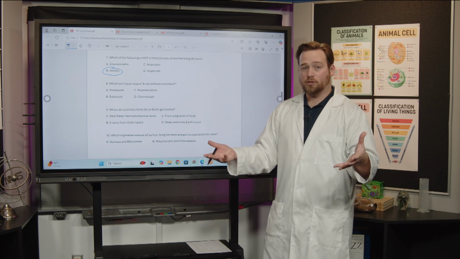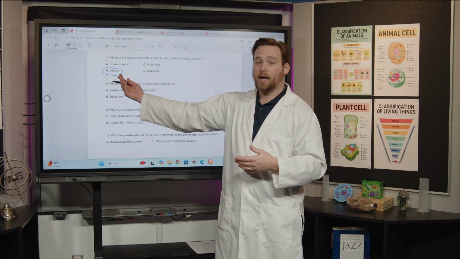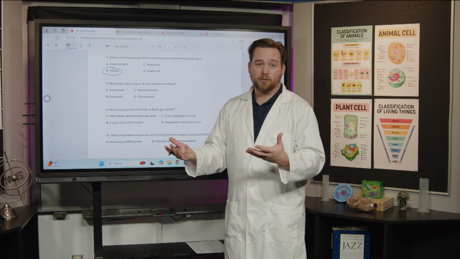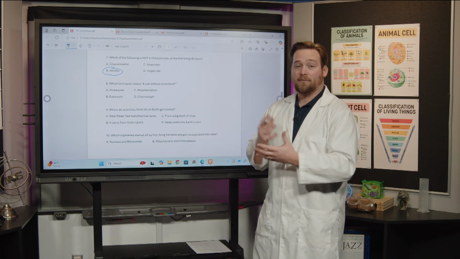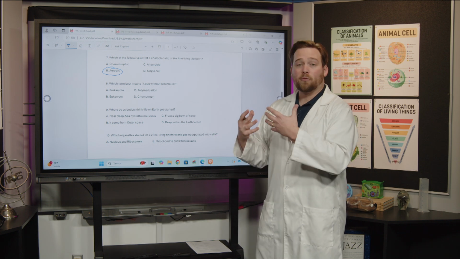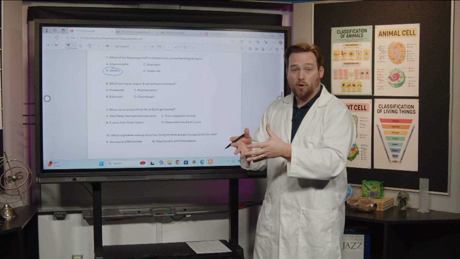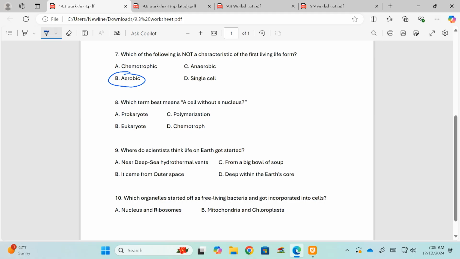If you don't have any oxygen in the atmosphere, there's no point in you trying to do aerobic respiration because there's no oxygen to use. For billions of years, the Earth didn't have any oxygen in the atmosphere. It was those single-celled, anaerobic, photosynthetic bacteria pumping oxygen into the atmosphere, and that took a long time to get oxygen in the atmosphere. So they were not aerobic. Letter B is going to be our best answer for that one.